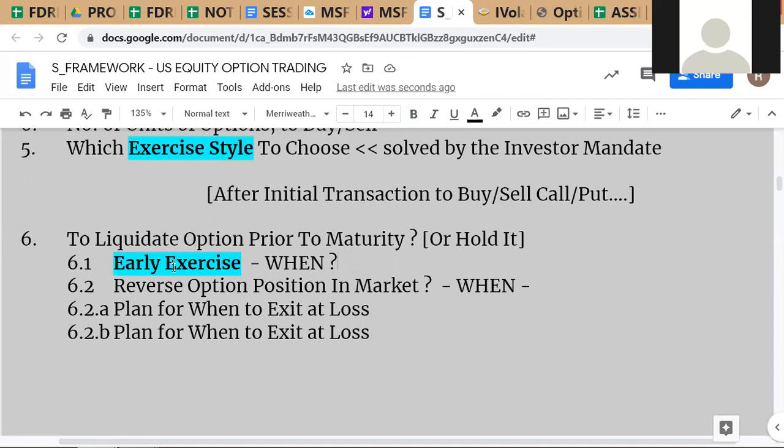Exercising the option means exercising your right to buy or sell before the expiration date. Exercising early is early exercise. That's what it means. Now, this is the other side of that. This is the basic one. Let me call this square.